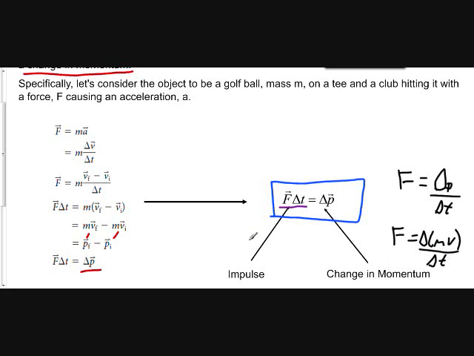This looks a lot like Newton's second law, F equals ma, because remember a is just delta v over delta t.